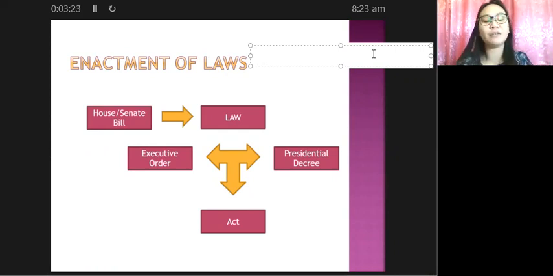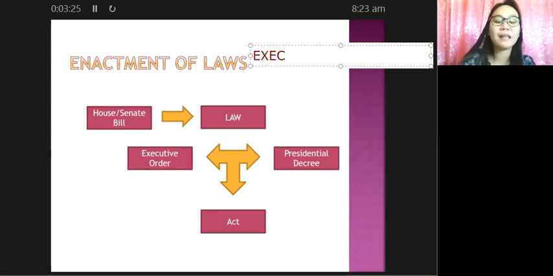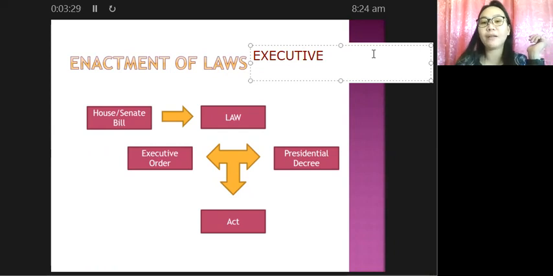Very good. The first one, of course, is the executive branch. This would include the president, the vice president, and the heads of the different local government units, such as our governors, our mayors, and our barangay captains.